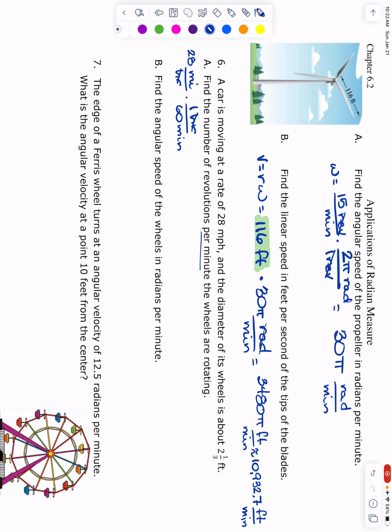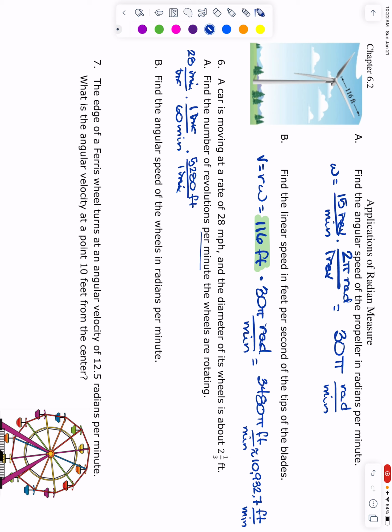Second thing I realize is that this is in miles per hour, but the diameter of the wheel is 2 1/3 feet. So I got to change from miles to feet at a minimum. So I need to cancel miles, so my miles goes down here. I got 5,280 feet up here. Miles and miles cancel.